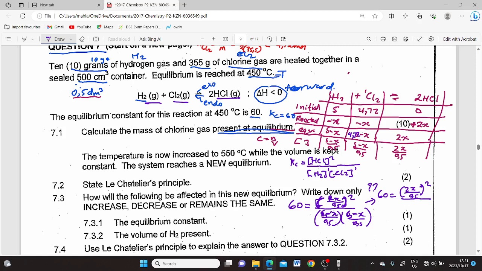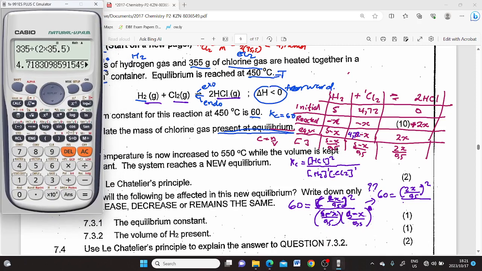So we're supposed to take out the square root, the squared for this one and the other one. So let's go back to the calculator and check something.